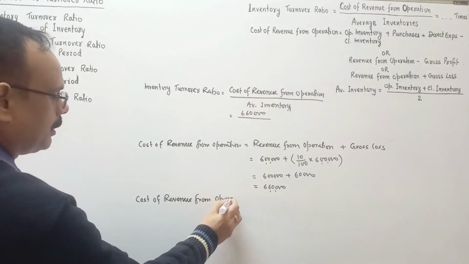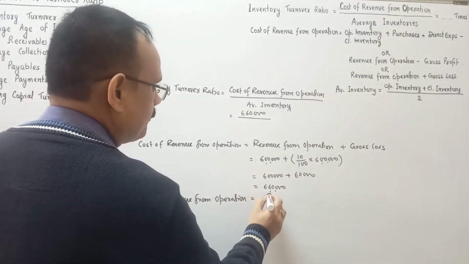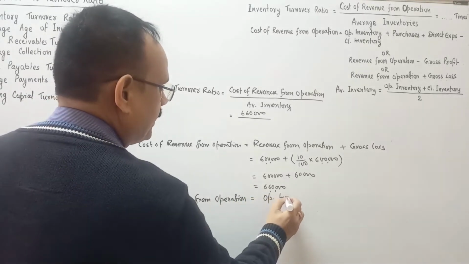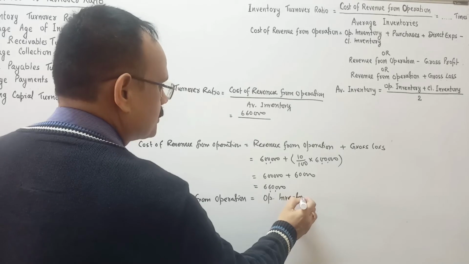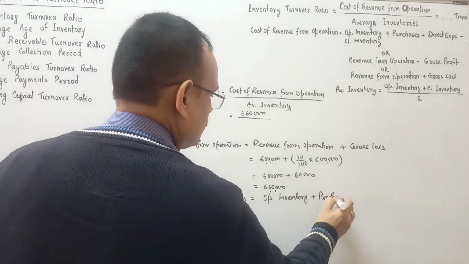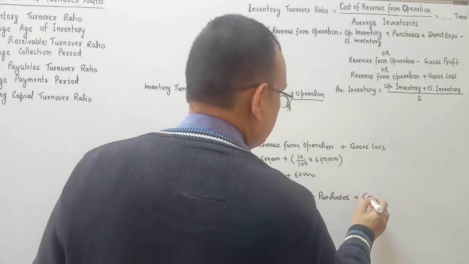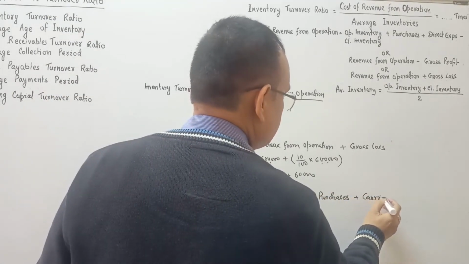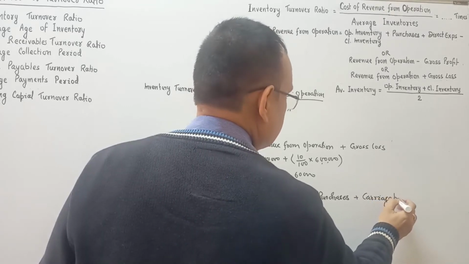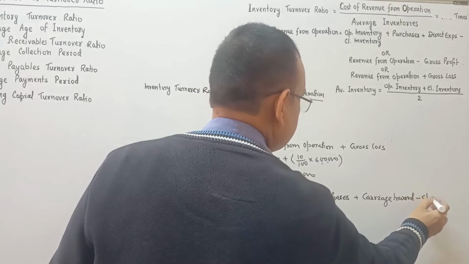You know that the cost of revenue from operation is equal to opening inventory at the first day of the financial year plus purchase. This information is also given in the question, plus carriage inward. Carriage inward is a direct expense, minus closing inventory.